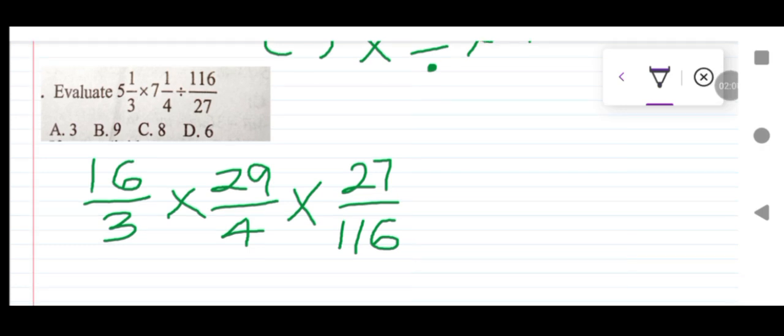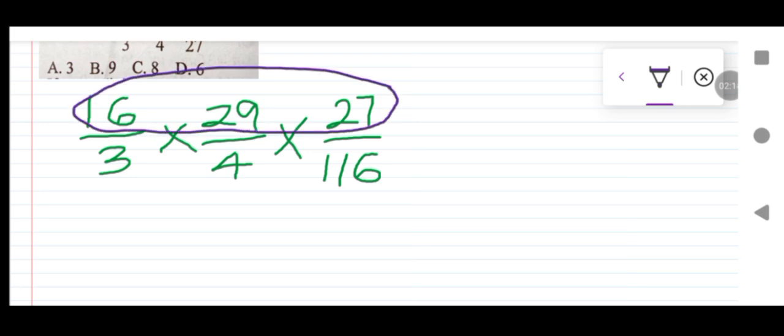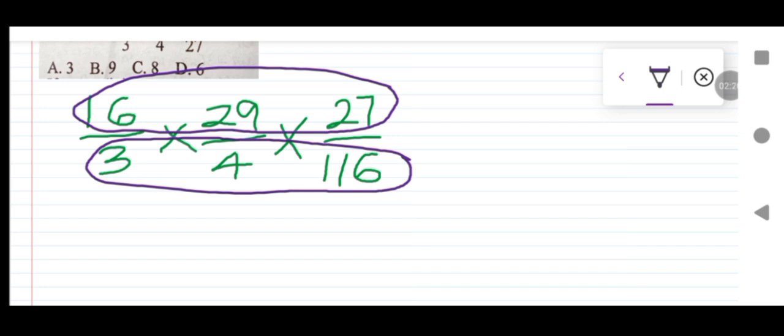Now that that is ready, what we want to do is check the numerators and the denominators, then find numbers that can divide a numerator and a denominator at the same time. Please don't divide denominator by denominator, and don't divide numerator by numerator. For instance, you have 4 here and 116 here.